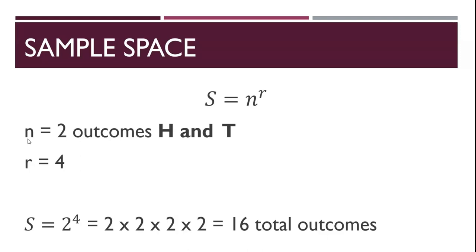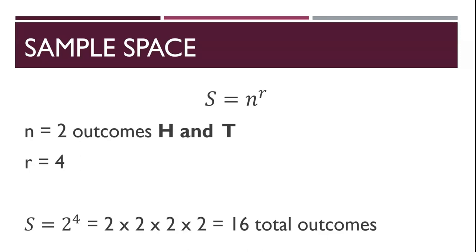Hence the formula S is equal to n raised to the power of r. So the value of our n is 2 outcomes because when you toss a coin, there are 2 outcomes. The first outcome is the H, which represents the head, and T, which represents the tail. Now our r equals 4 because it represents the total number of objects being observed.